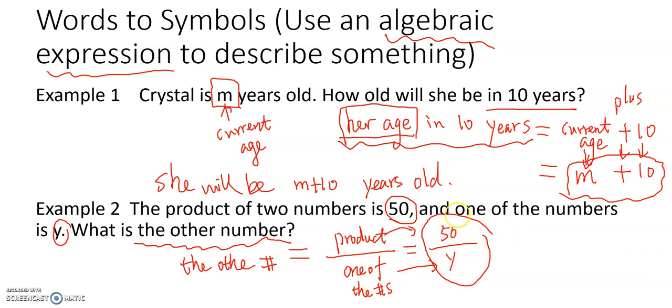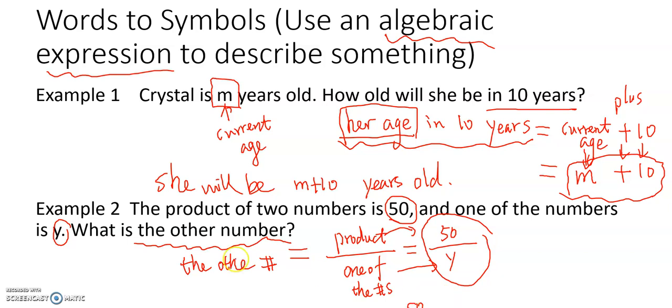And so you can circle your answer, or if you want to write down the sentence clearly, the other number is 50 divided by y. And this clearly gives us a formula to tell us how to find the other number. It doesn't matter what y is. So when y changes, all you have to do is plug whatever the number is into this formula, this algebraic expression, whatever you want to call it, and get the other number.